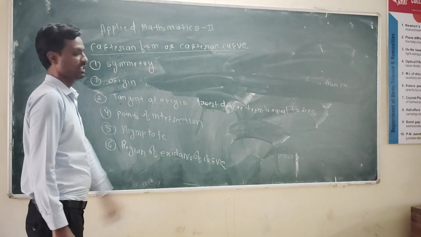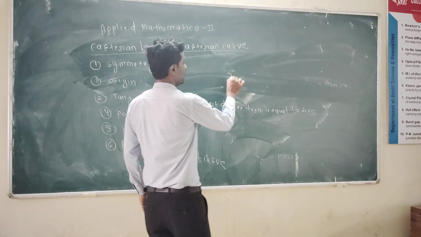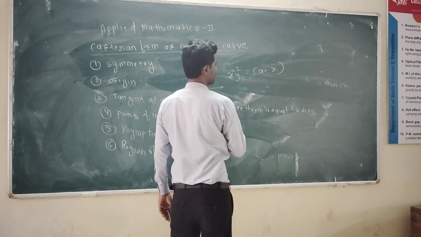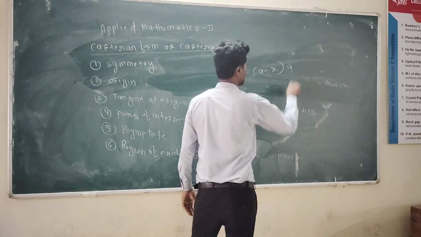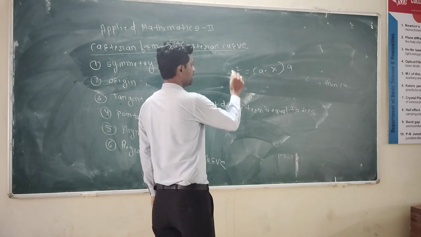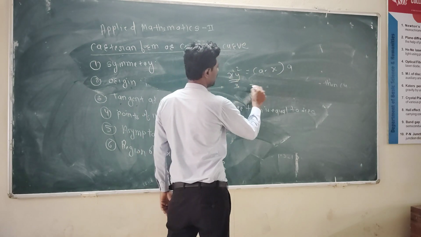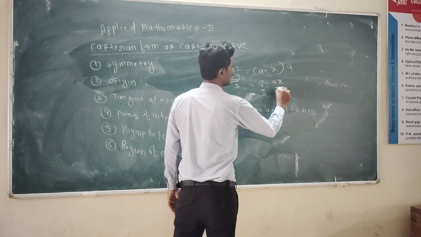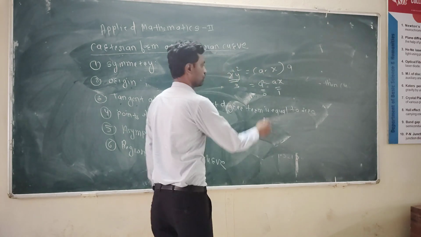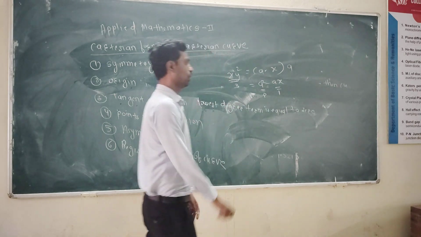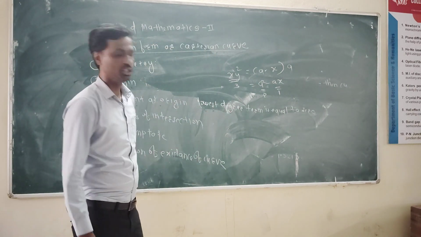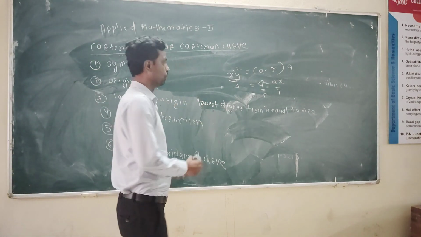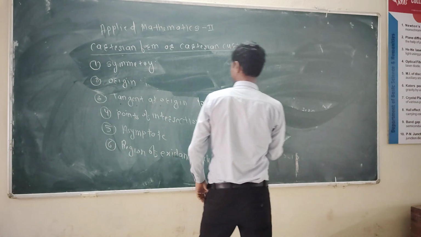Then we will get the tangent at origin. So for example, xy square is equal to a square a minus x. Here its degree is 3, here its degree is 0, its degree is 1. So here lowest degree is 0. So lowest degree term is equal to 0. Then we will get the tangent at origin. Here there is no tangent at origin in this particular example.